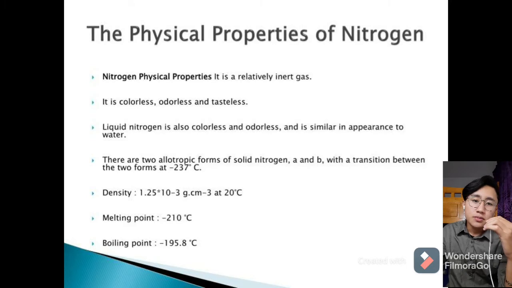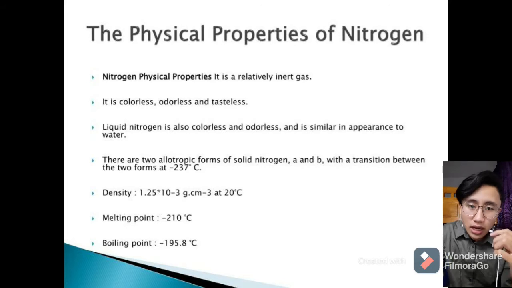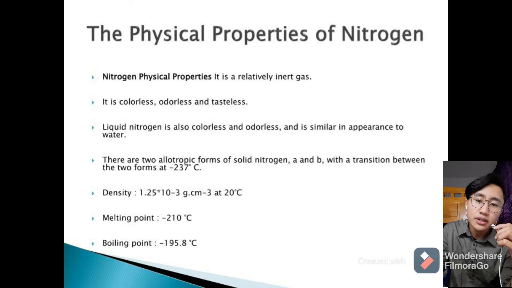Moving on to the physical properties of nitrogen. Nitrogen is a relatively inert gas. It is colorless, odorless, and tasteless. Liquid nitrogen is also colorless and odorless, and it is similar to water. There are two allotropic forms of solid nitrogen, alpha and beta, with a transition between the two forms at negative 237 degrees Celsius.